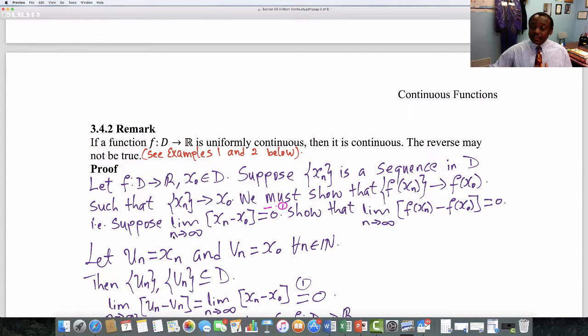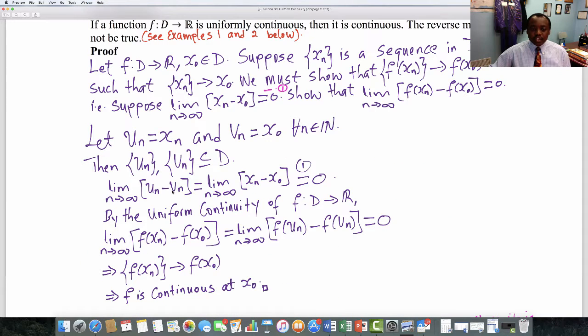So all I need are two sequences such that the limit of their difference equals 0. Let un equal xn and let vn equal x0 for every index n. Then un and vn are sequences in D. The limit as n approaches infinity of un minus vn would simply be the limit as n approaches infinity of xn, because un equals xn, minus the limit as n approaches infinity of x0, because vn equals x0.